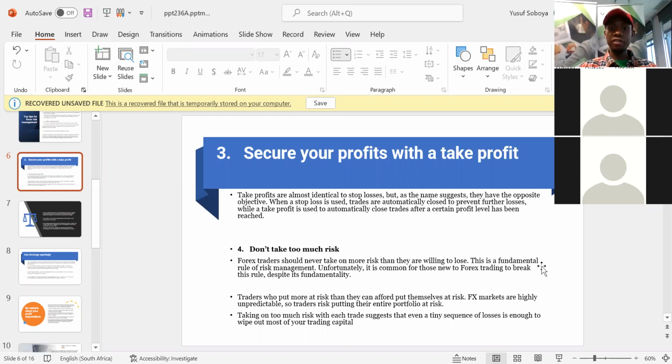Forex traders should never take more risk than they are willing to lose. This is a fundamental rule of risk management. Unfortunately, it is common for those new to Forex trading to break these rules. Despite its fundamentality, most new traders open a lot of positions. When they see one on a loss, they run to look for something else and open again.